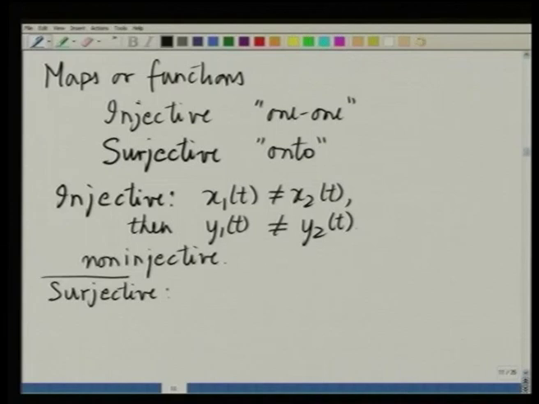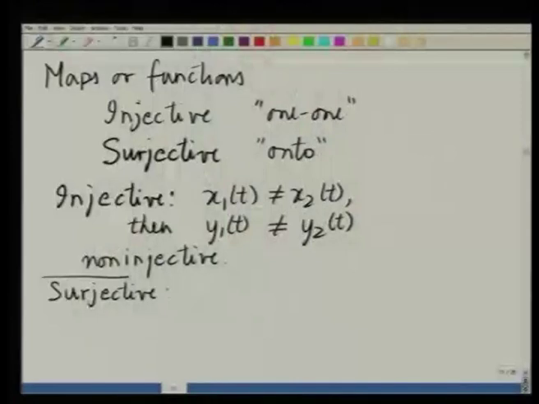A map is surjective if every member of the range set, in this case the domain set and the range set of these maps are the same, it is the space of all signals, if every signal in the range set will be found as the output of some input signal. That means, in the language of functions or maps, every point in the range has an inverse image.